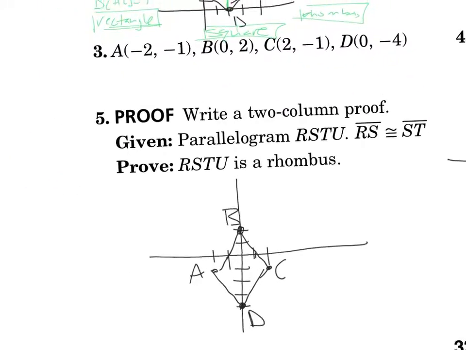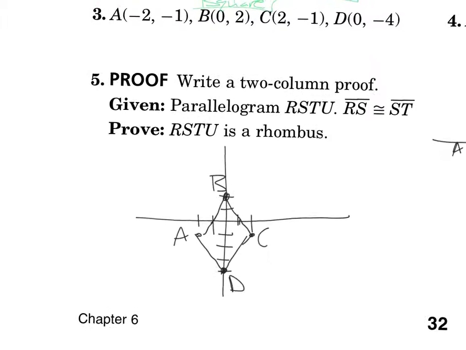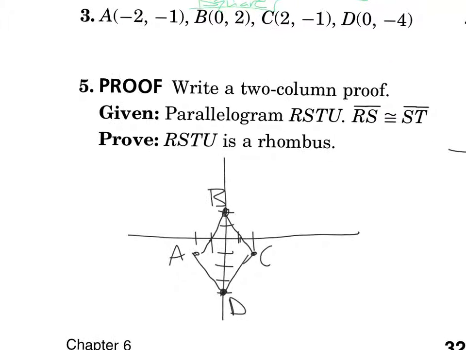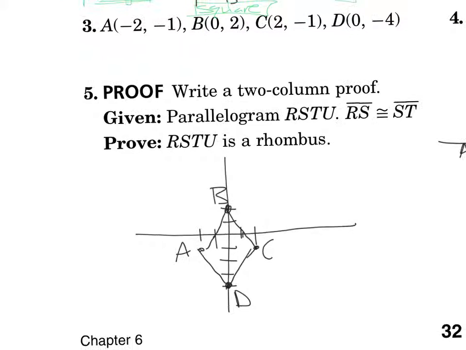Now number 3, it's very, very similar to this. So I'm going to do the exact same process. I'm going to look at the distances of the diagonals. Distance of BD, that vertical distance, is 6. The horizontal distance, diagonal AC, is just 4.